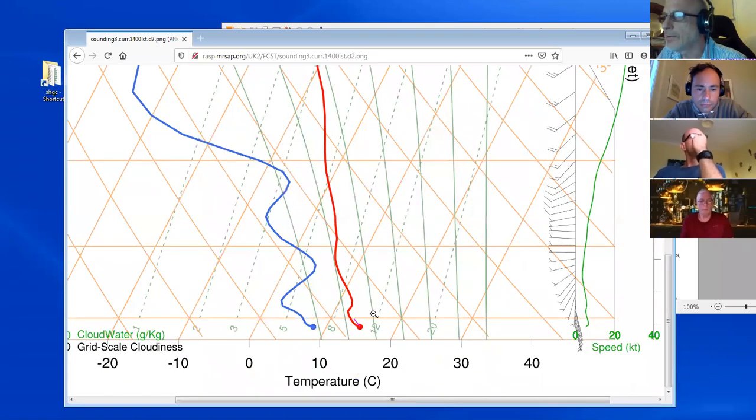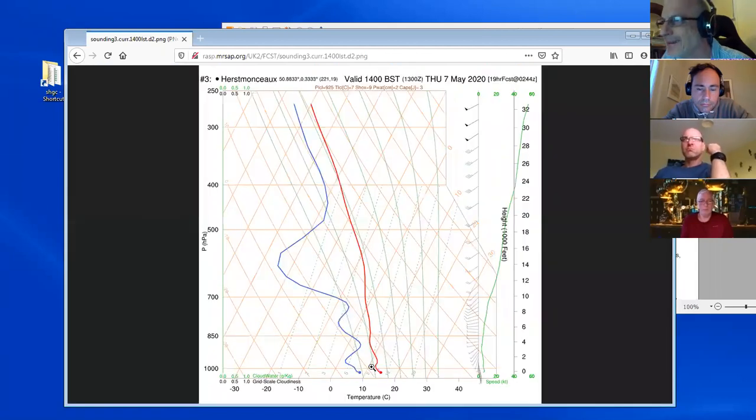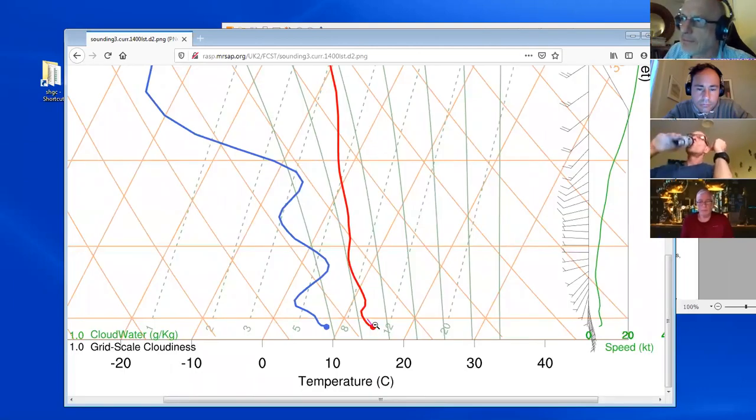As you can see, if we look down here, very low inversion. It's got an inversion at about, what's that, 1,200 feet, or no, sorry, about 1,000 feet. Our thermal is never going to meet the dew point.